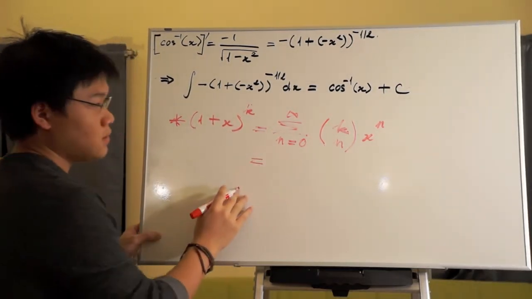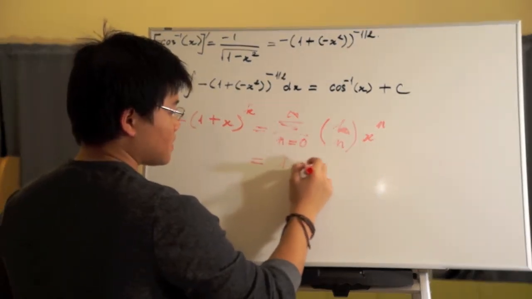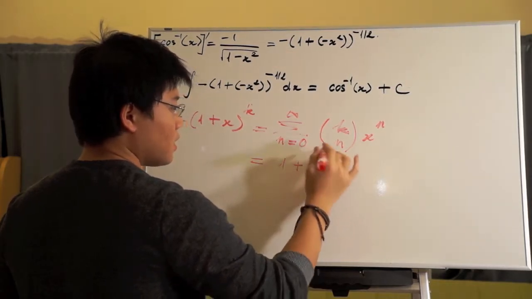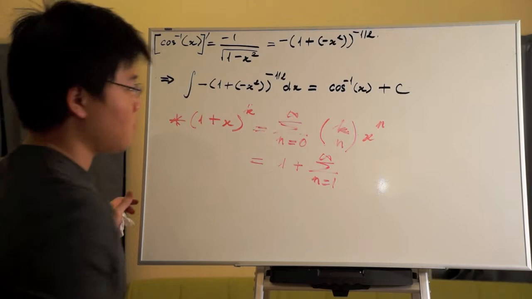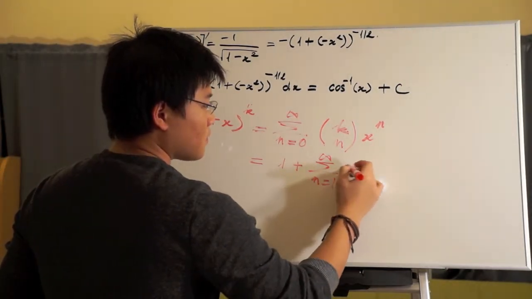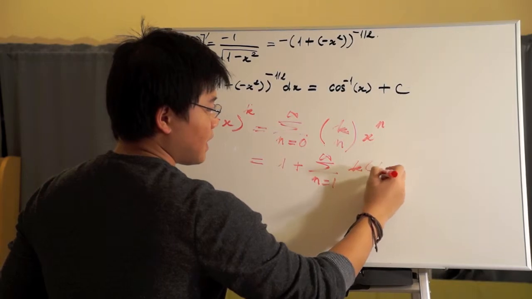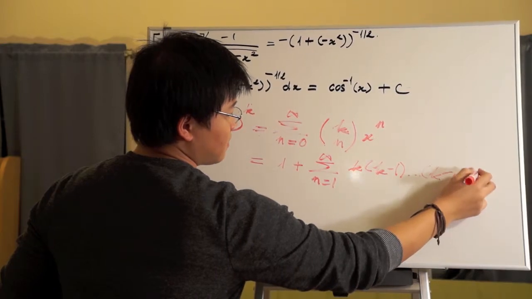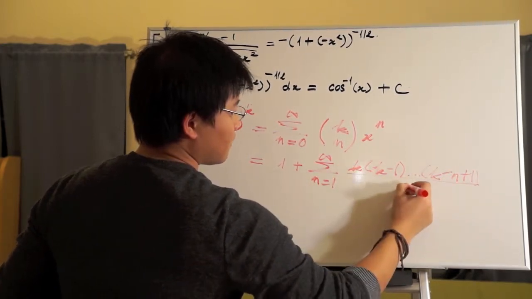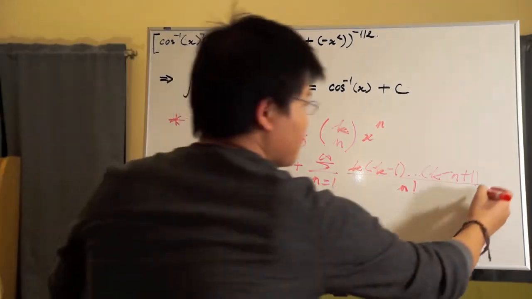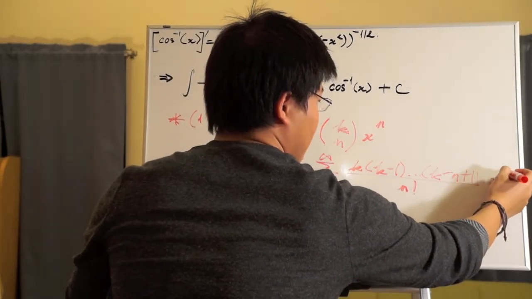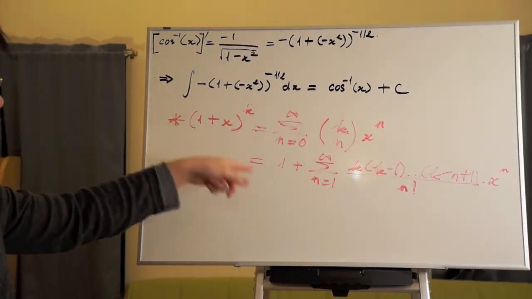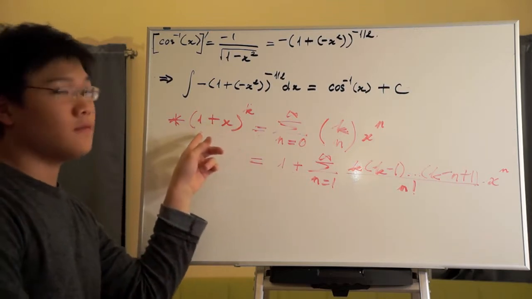So this will equal 1 plus the sum from n equals 1 to infinity of k times k minus 1 dot dot dot k minus n plus 1 over n factorial times x to the n.